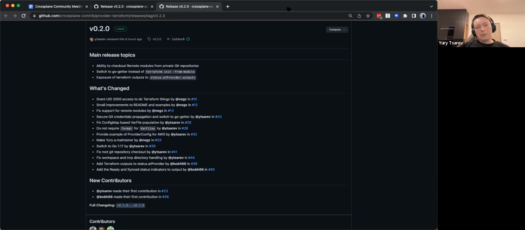And we got a new contributor, Bob from Nokia, which is pretty amazing. So yeah, I think this provider is getting more mature. There are obviously a lot of things to do there, but currently it's a pretty stable way to execute your existing Terraform modules in Crossplane, and yeah, it's working.